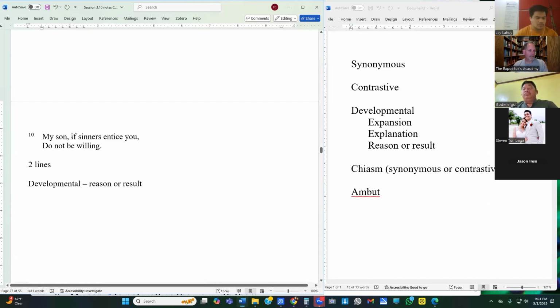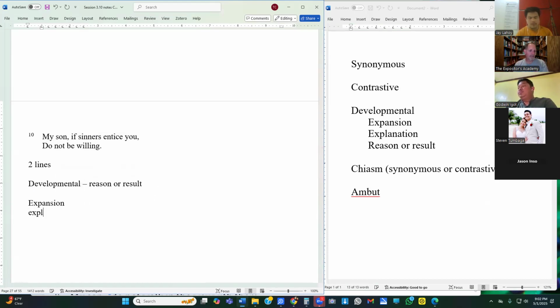Let's look at this. So he says, "My son, if sinners entice you, do not be willing." So notice it doesn't look like synonymous or contrastive. The second line is saying something different than the first. And so, yeah, the question is, it's developmental of some kind. Is it expansion?